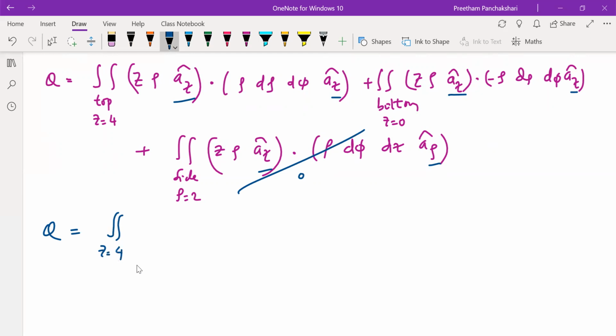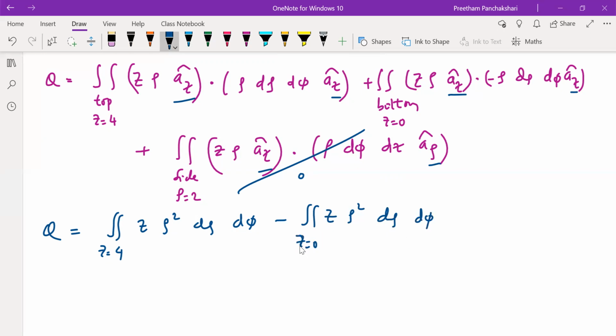So now if I multiply these two, I'll be having z rho into rho square d rho d phi. Here it is minus. Here z equal to 0. We have z rho square d rho d phi.